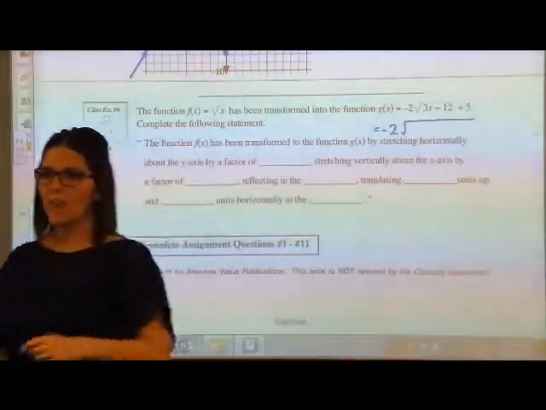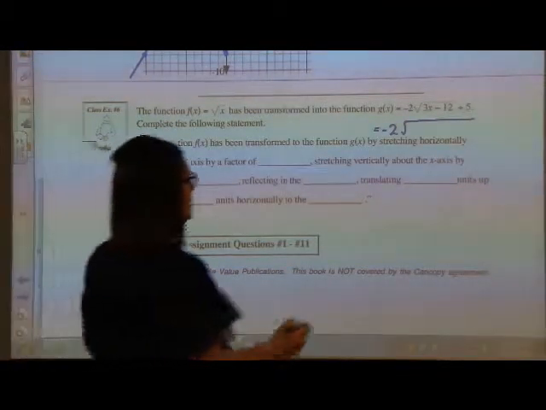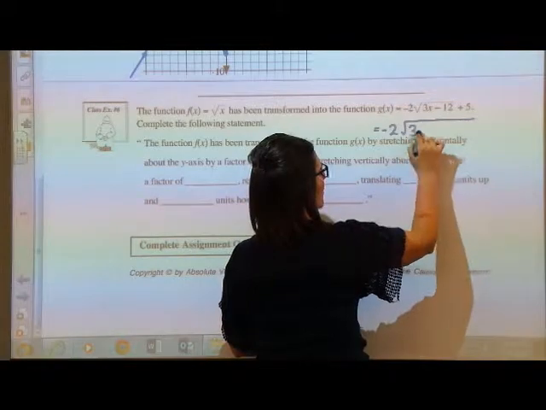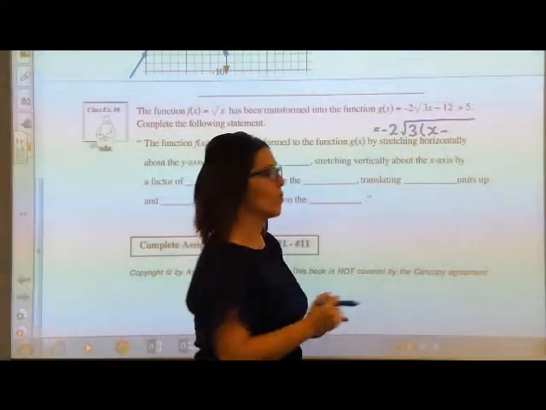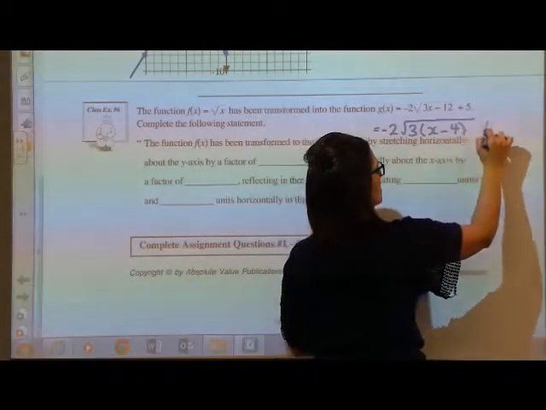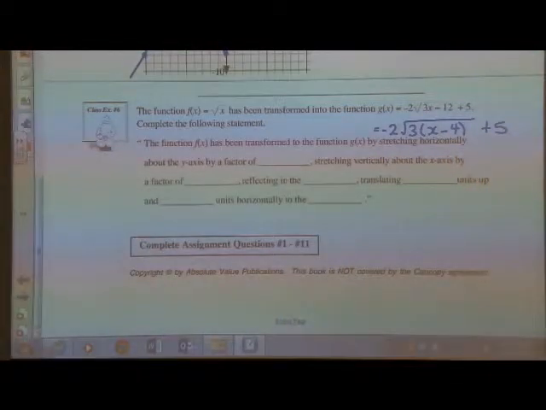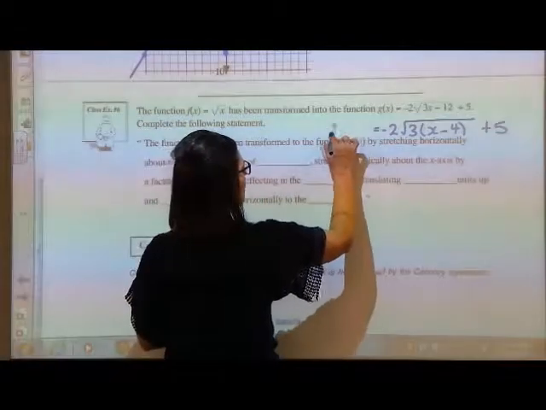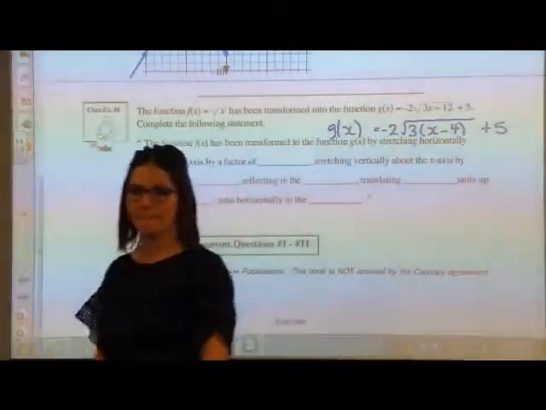So what do I need to factor out? A 3. So when I factor out a 3, I will get 3 times x minus 4. So what are all of my replacements in g of x? How did I go from the square root of x to all of this?